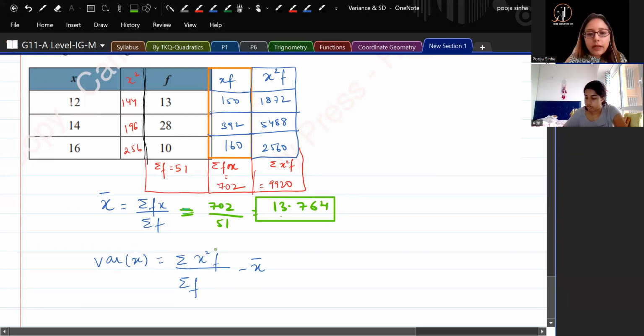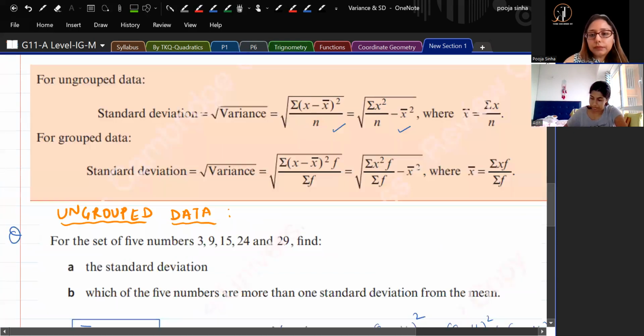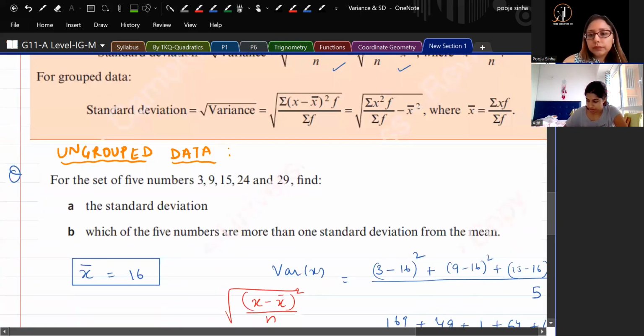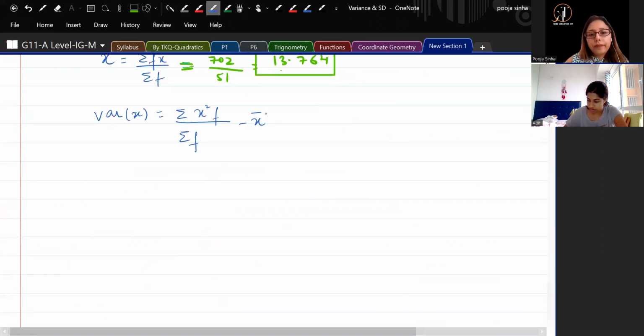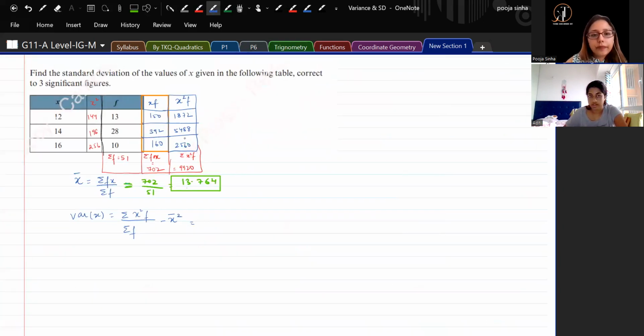Now, our formula. Sigma x square f. What is sigma x square f?